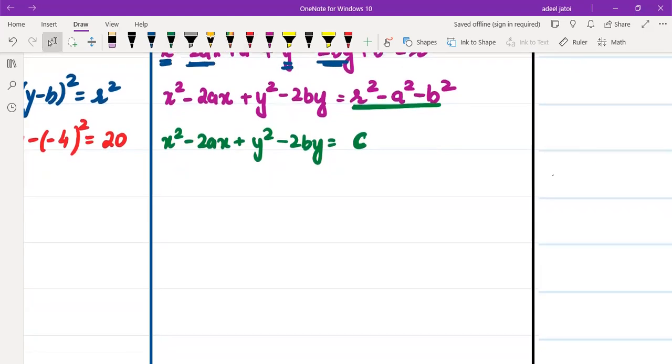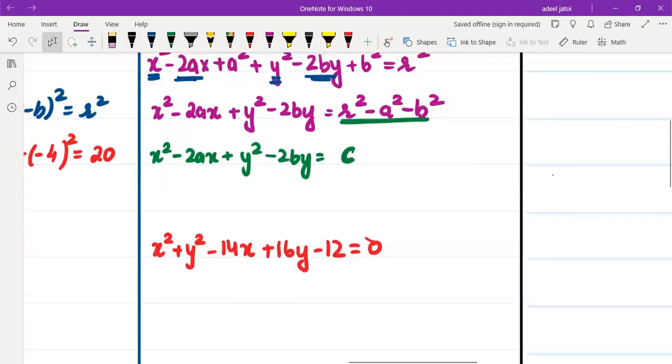Now, let's put it in this way, that a question is given: x² + y² - 14x + 16y - 12 is equal to 0. Now, in this particular form, if you look, x² is given, y² is given.